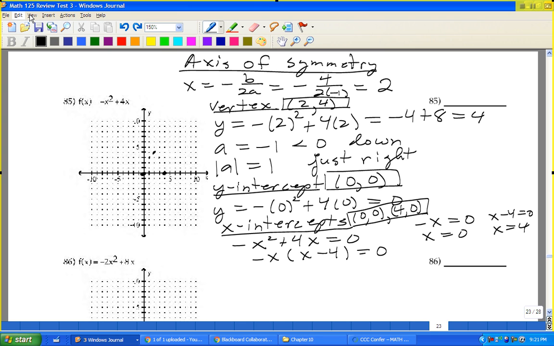Let's see if I can do it a little bit better. It's hard to draw with this. Okay, not too bad. And so I have my vertex and my x and y intercepts. Good.